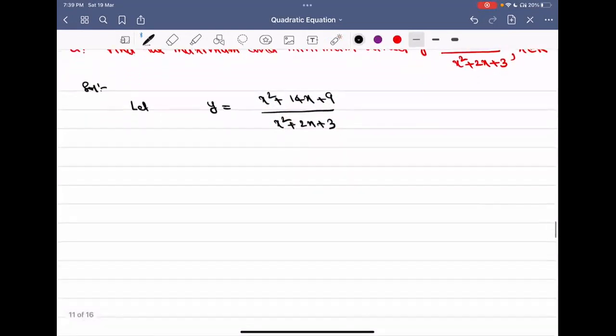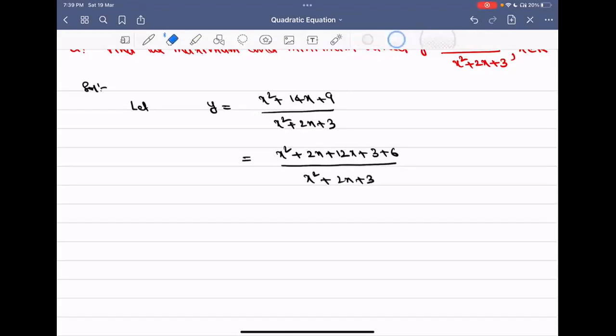So in the next step, you write x square, 14x as 2x plus 12x, and 9 as 3 plus 6, over the denominator as it is, x square plus 2x plus 3.